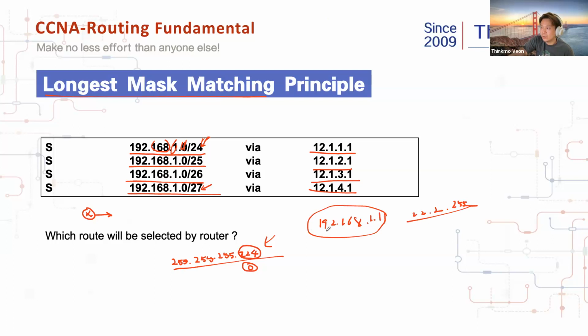If you are using the route that points to the host IP address, it will be preferred over using /24 as the destination. So here we have this longest mask matching principle. The longer mask will be more preferred if you have this kind of network in your routing table. The router will prefer the longer mask.